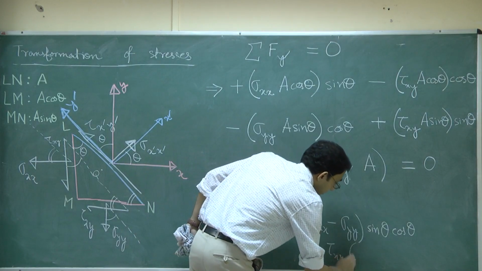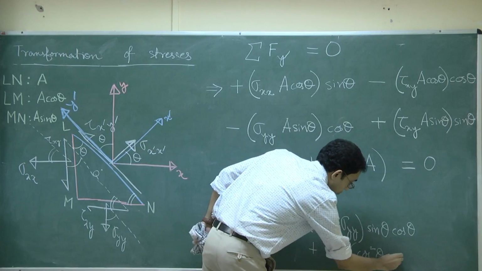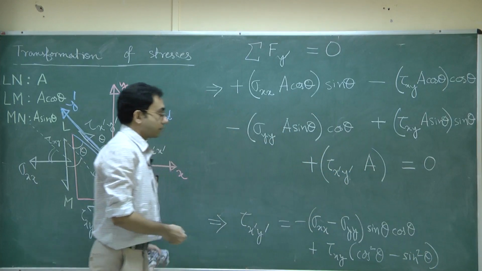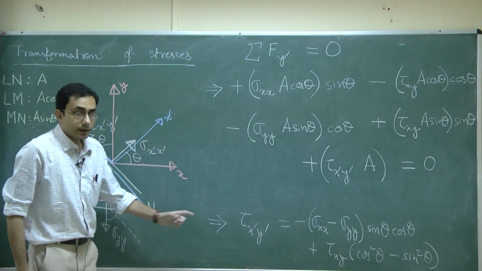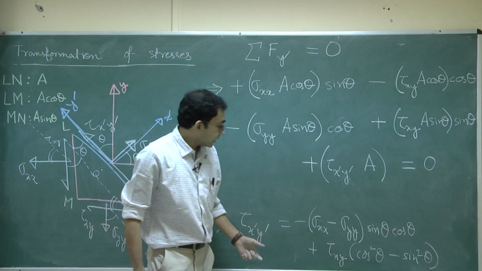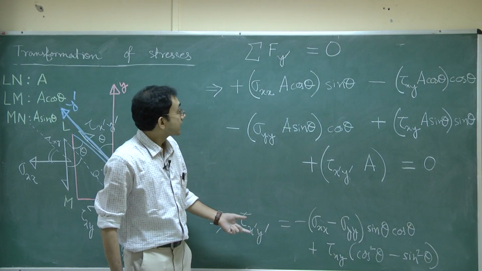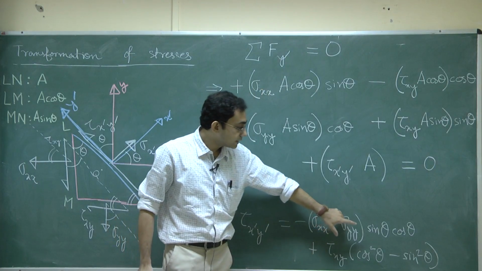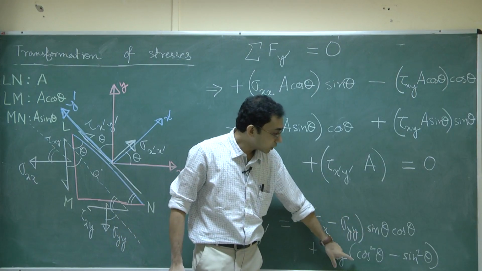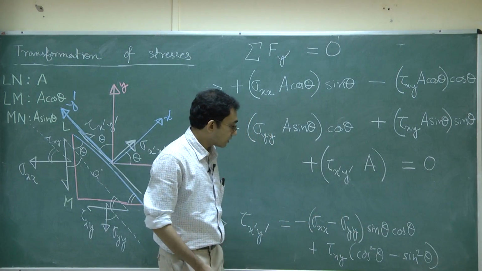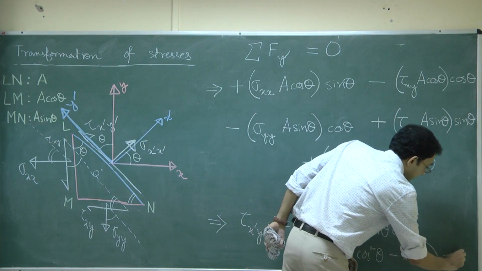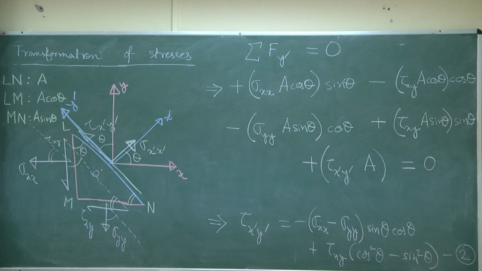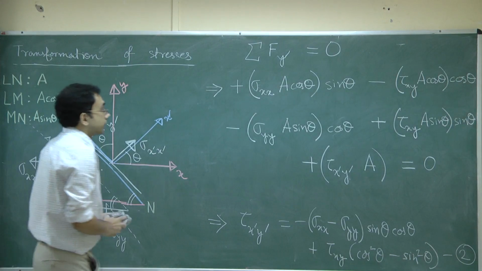What I will obtain as its coefficient is cos square theta minus sin square theta. Just like I had mentioned in passing in the previous case, when considering the sigma f x dash equal to 0, I can very much convert these things to sin 2 theta and cos 2 theta, but I will resist that temptation right now, and I will just write that as 2. Now, it is time to do some algebraic manipulations and see what we can obtain.